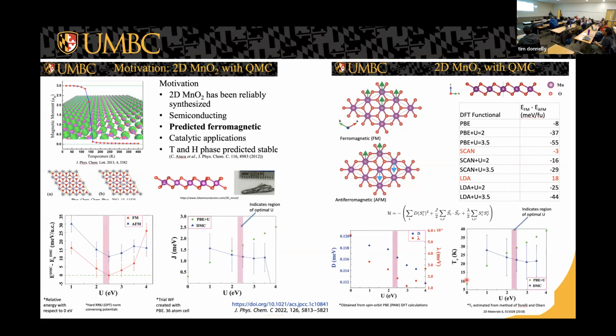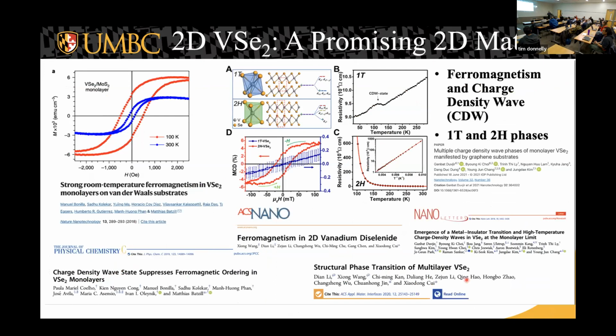That's a good sign. So afterwards, we were thinking, how can we make our lives harder? We were trying to find a material that is harder than manganese oxide to work on. We were looking at the literature, and we saw this material, vanadium diselenide. Why is it harder?